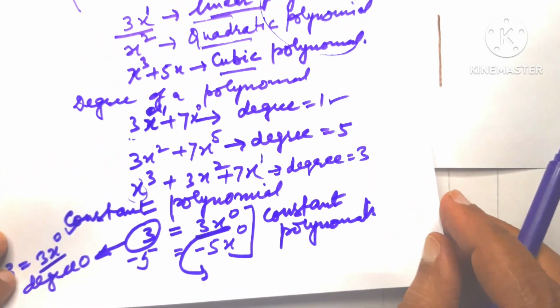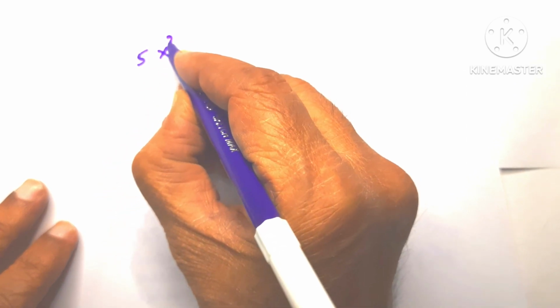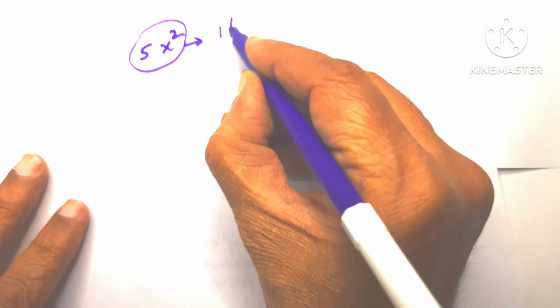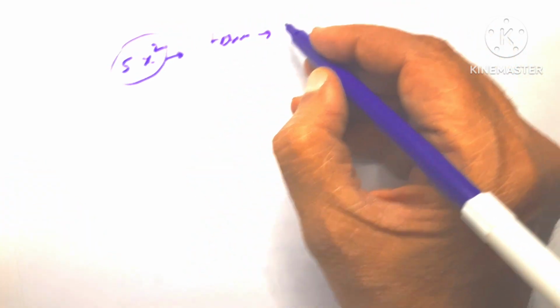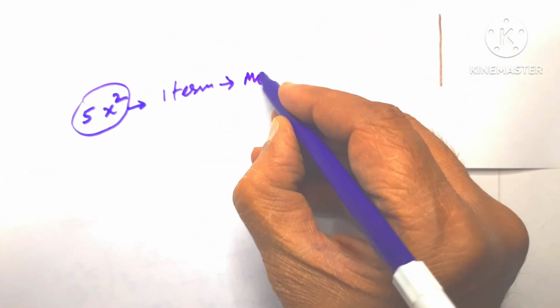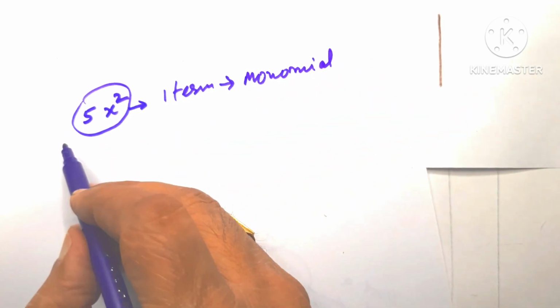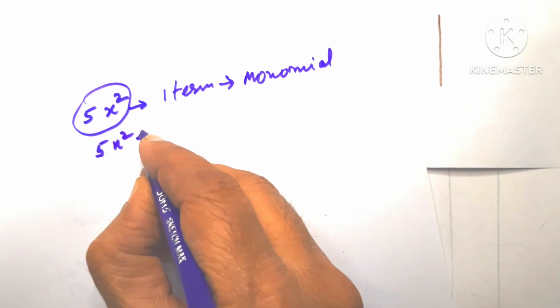Now one more thing is the classification in terms of the number of terms. For example, I am writing 5x to the power 2. This has only one term. This is called a monomial. A special name given to the polynomial having one term. Suppose I write x square plus 7x.